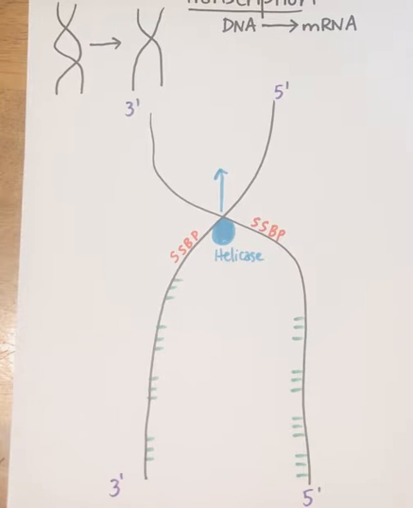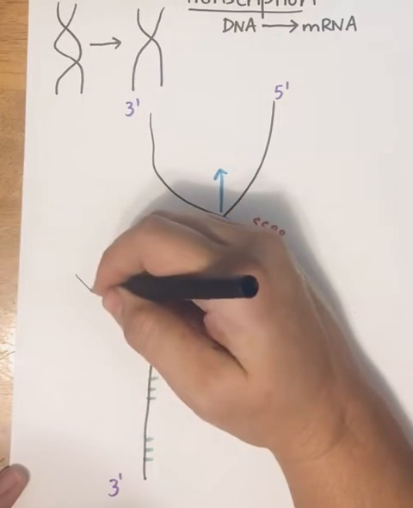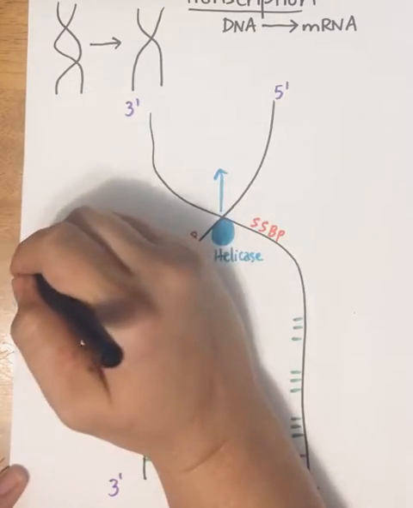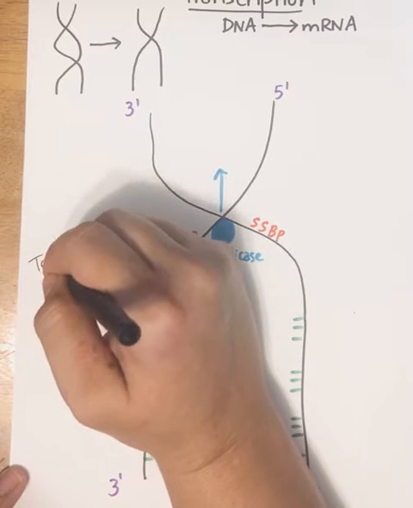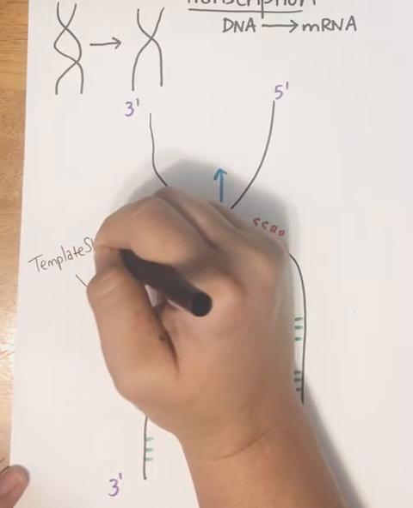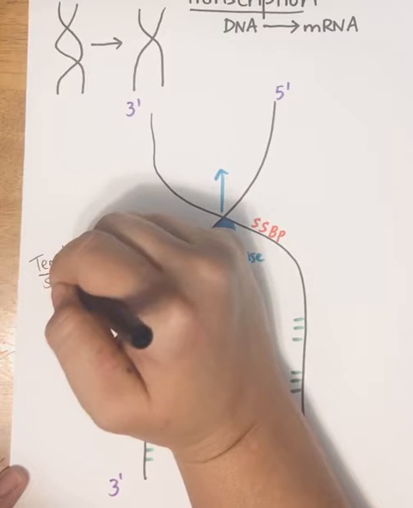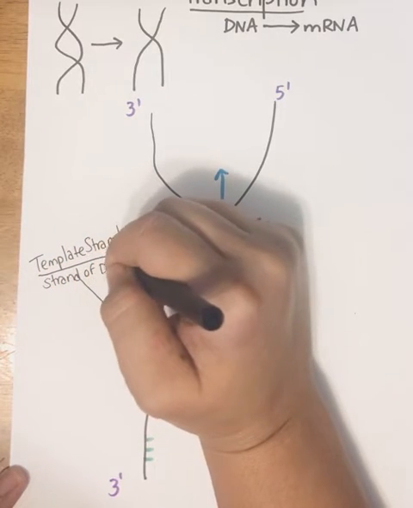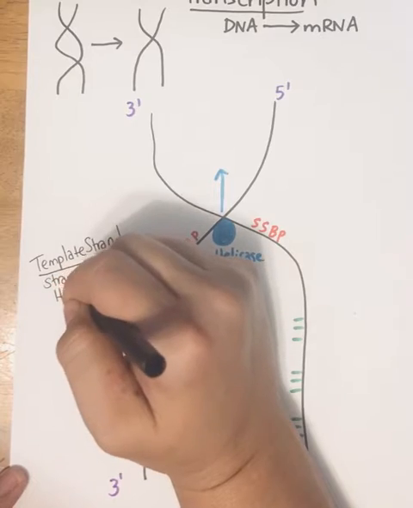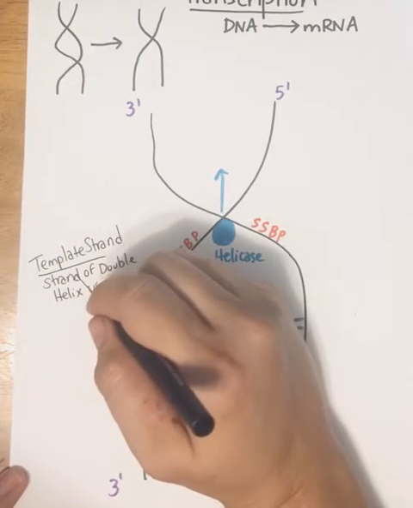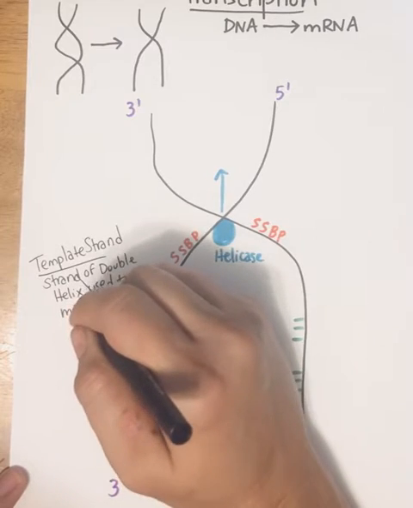So, before we move any further, I want to go through a couple of new things. The side that we're going to use to copy DNA is only the left side. We don't use the right side anymore. So, the strand of DNA that we're going to copy is going to be called the template strand. In DNA replication, they were both templates. So this is the strand of the double helix used to make RNA.